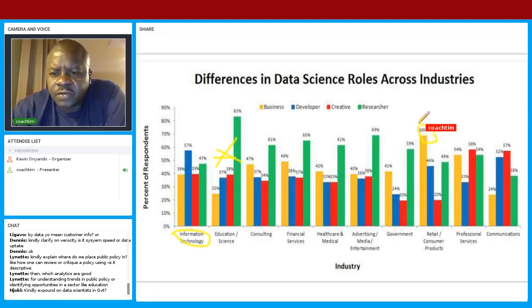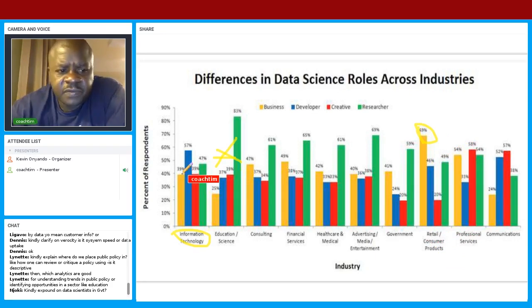You need to be very strong in marketing skills, understanding the concepts of churn, turnover, and how you create those solutions for the business. Retail companies, FMCGs, for instance supermarkets, and consumer products, also are going to have a huge appetite for data scientists.